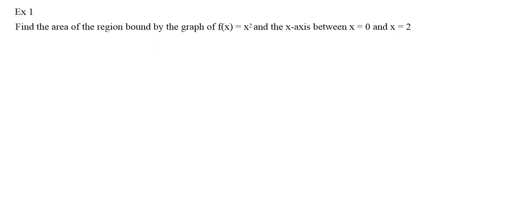If they don't tell you the type of sum they want you to find, and they don't tell you the number of partitions, we know it's the actual area, and we use the limit as n goes to infinity of the sum i equals 1 to n of f of c sub i.